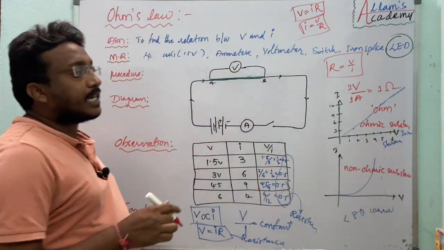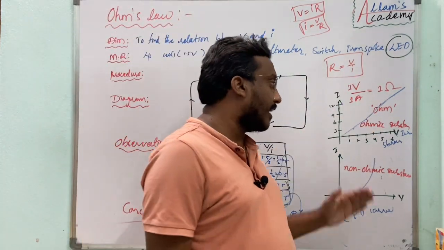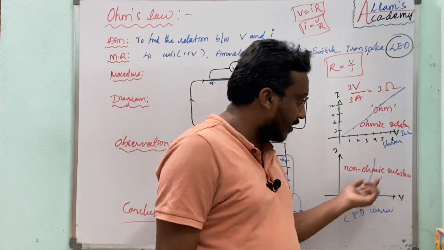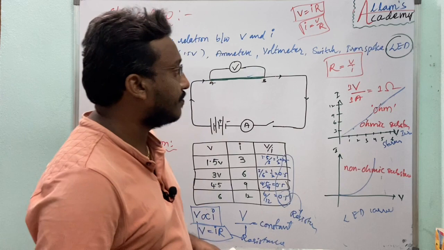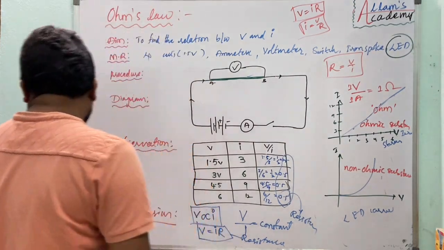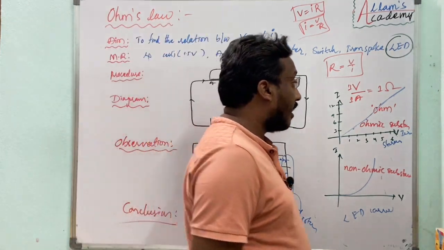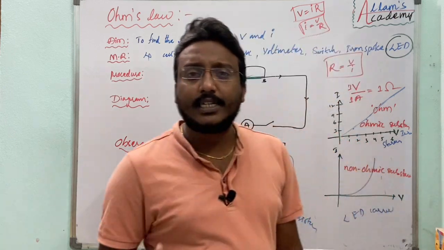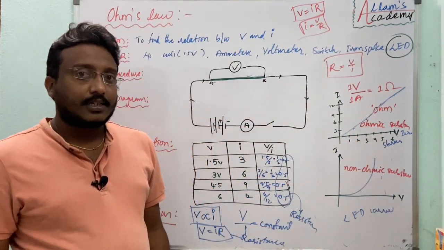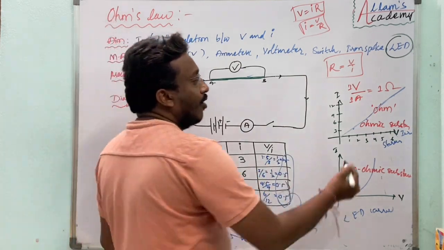For ohmic substances, the graph line we get is straight. For non-ohmic substances, the graph line we get is curved. Okay, right. So what are the ohmic substances? The substances or materials which obey Ohm's law are called ohmic substances.